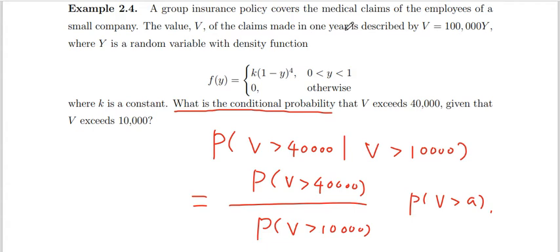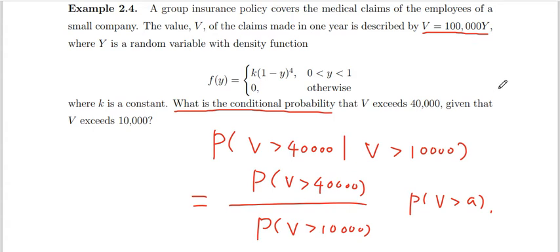And so what is v? V equals this, and that's the density for y. We have the density function for y, so then we just change this v to y.